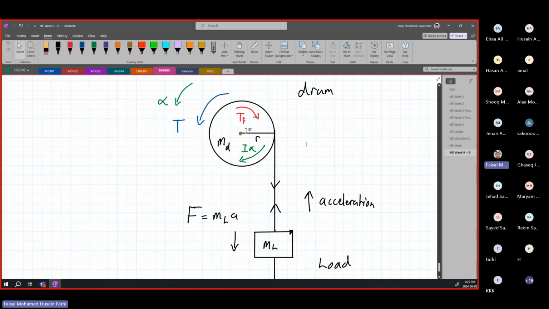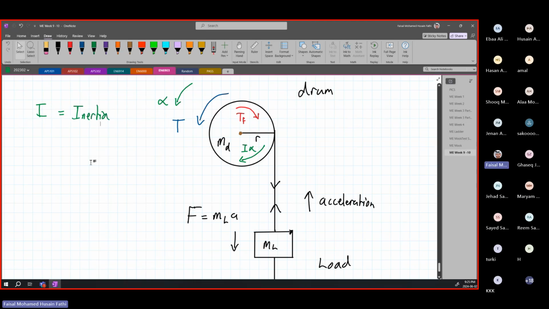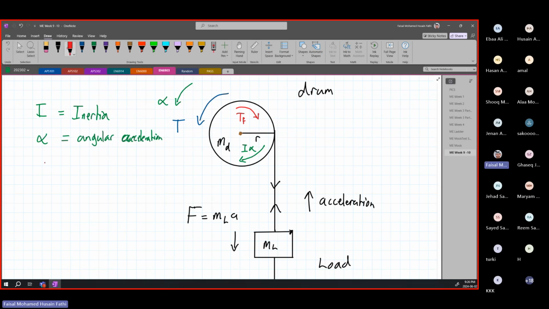All right. So again, we have the torque friction. This friction is due to the pulley installation, whatever it is. Then you have I alpha, where I is inertia, and I'll talk about that in a bit. And alpha is our angular acceleration, which you already know. TF is our frictional torque.